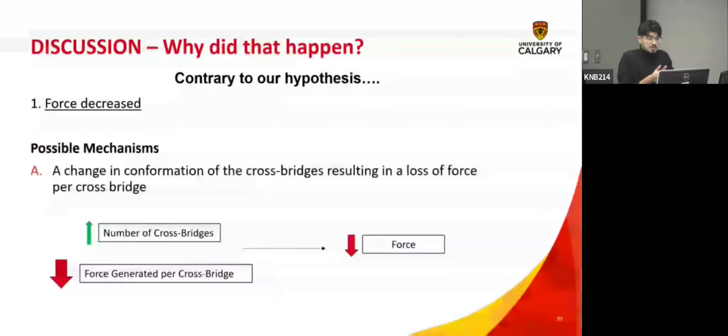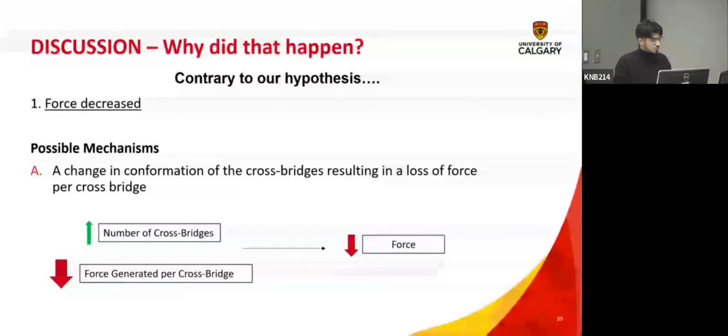What then can we say for the reasons as to why the overall force decreased within its time in Riger solution? I'm going to propose two possible mechanisms here. The first is that it is possible that there's some type of change in conformation that we don't yet understand or have any knowledge of, because Riger solutions haven't been that well studied in that regard. That change in conformation changes the amount of overall force generated per cross bridge.